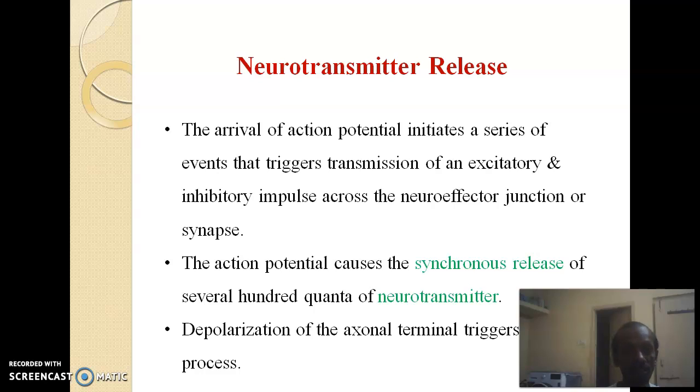That influx of calcium ions triggers the release of either excitatory or inhibitory neurotransmitters into the neuroeffector junction or synapse. So the action potential, once it reaches the nerve terminals, causes the synchronous release of several hundred quanta of neurotransmitter. Depolarization of the axonal terminal triggers this process.